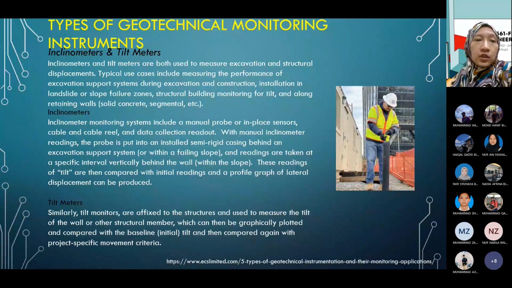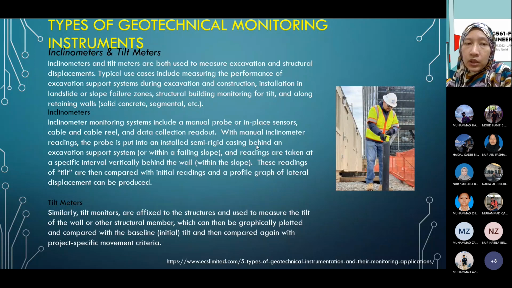And the next type of instrument is the tilt meter. On the inclinometer, for example, on the right figure here, you can see the operator installing a sensor into a probe. The sensor will be placed and located at the site area. If you go into details, the inclinometer set has a cable, a cable reel and a data collection readout.